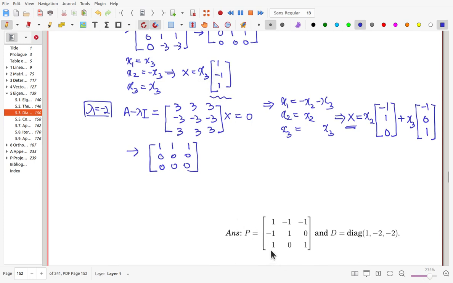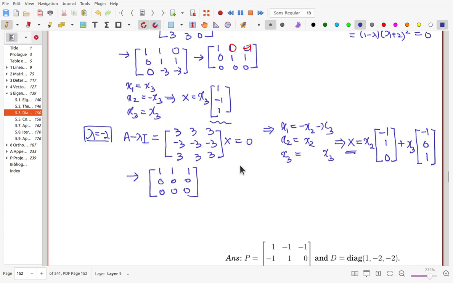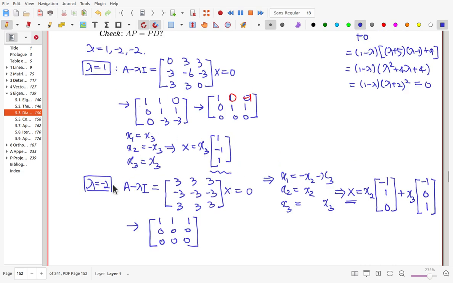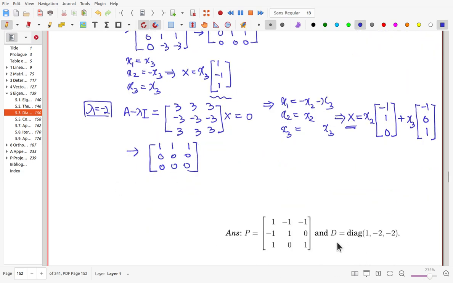That is this one, and this is here, and that is the last one. And of course, you have to construct D with the same order. So start with 1 and -2, -2. So the diagonal matrix D must be given in this way.